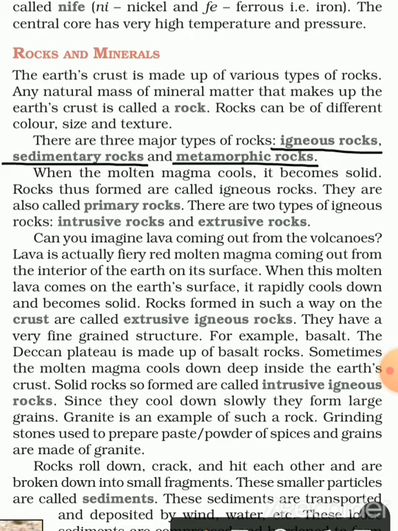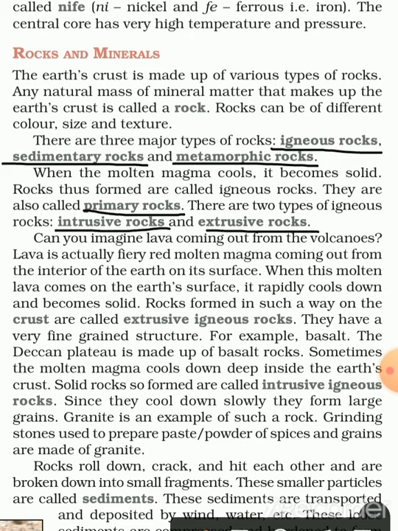When the molten magma cools, it becomes solid, and the rocks thus formed are called igneous rocks. They are also called primary rocks. There are two types of igneous rocks, intrusive rocks and extrusive rocks.